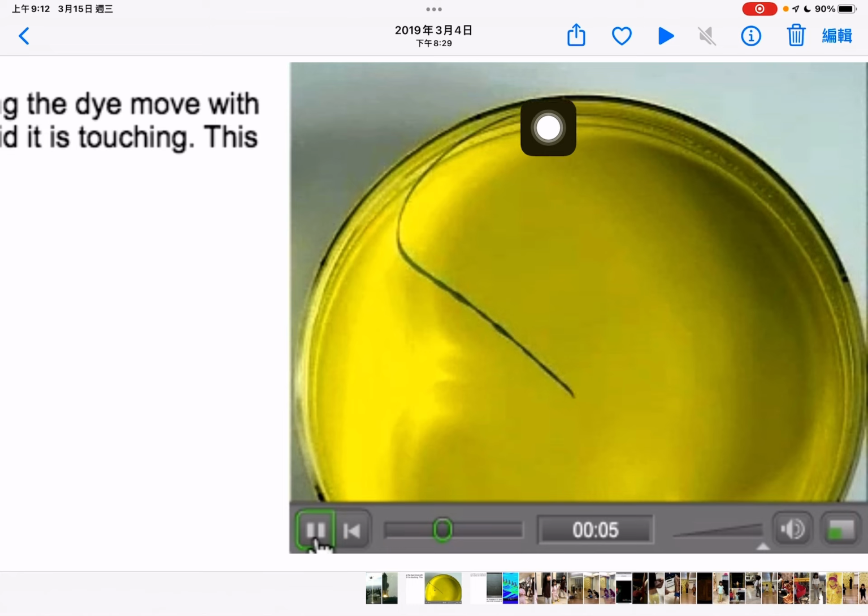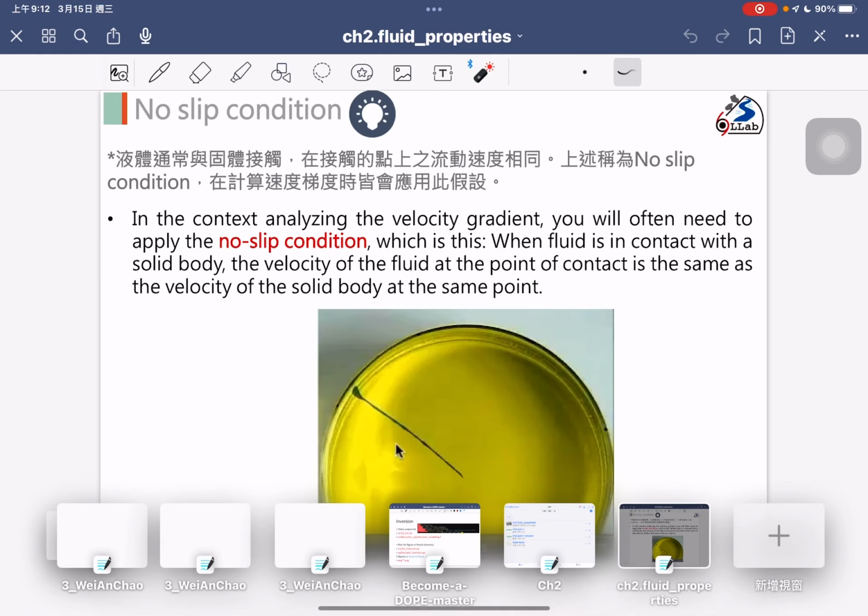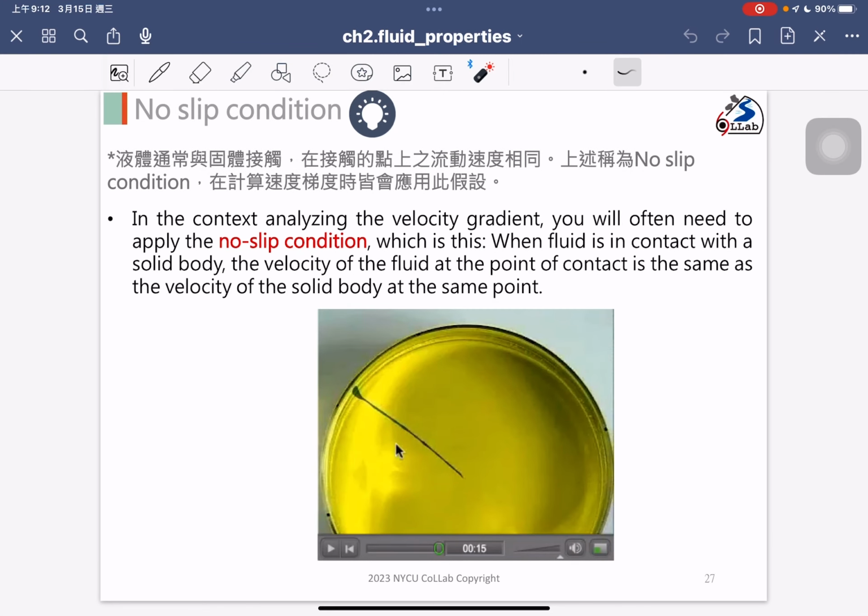That means there is no relative motion between the two materials. In that case, at this point, we say it is the no-slip condition. Why no slip? Because there's no relative movement. So if we go back, this is a very important assumption when we compute the velocity gradient.